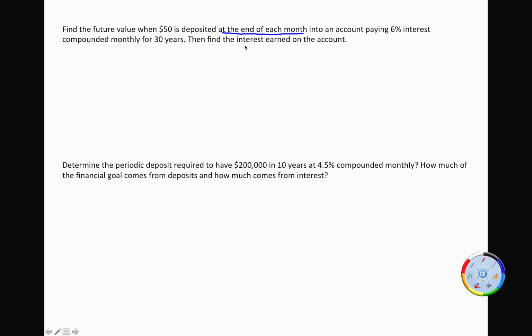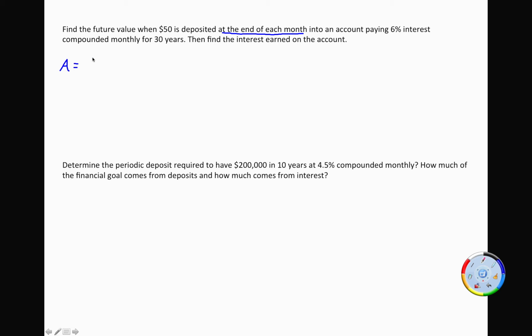Okay, so if I'm putting periodic payments in at the end of each month into an account paying 6% interest, compounded monthly for 30 years, find the interest earned on the account. Okay, first of all, I've got to see how much I'm going to have in my account in 30 years. And so here's our formula.